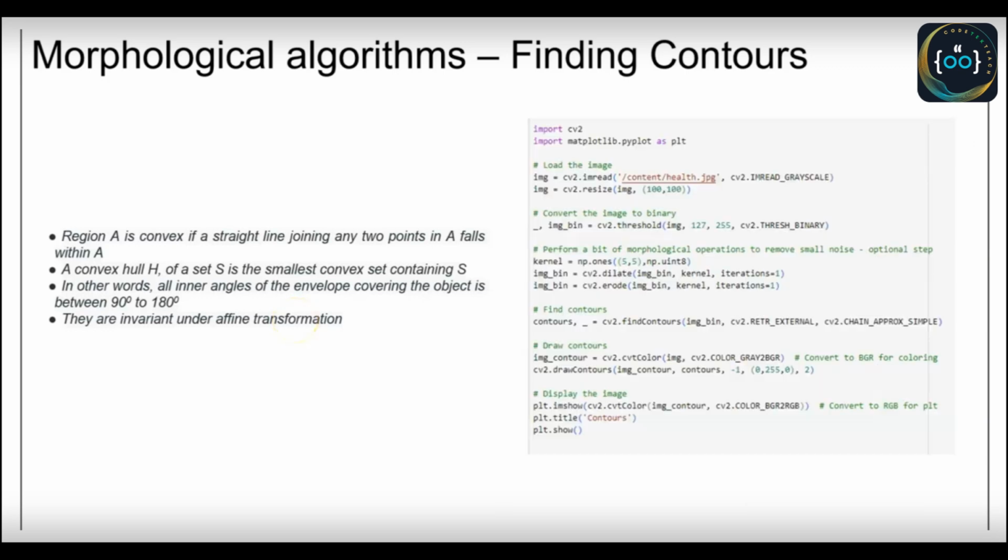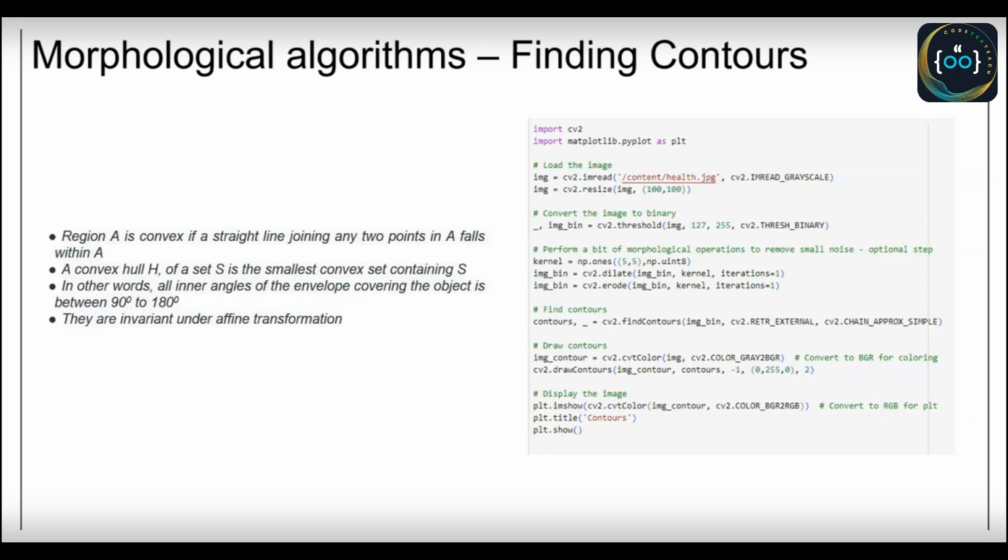Here, the code first converts the image to grayscale, then to a binary image. It uses dilation and erosion operations to reduce noise in the image. It then uses the cv2.findContours function to detect the contours in the image. The function returns a list of all the contours detected.